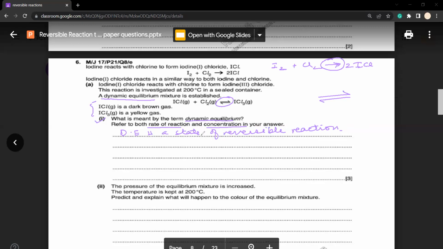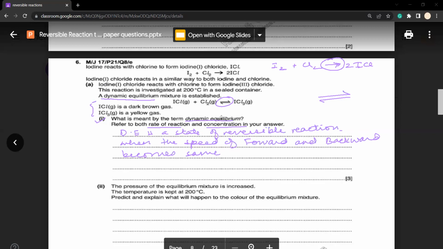So dynamic equilibrium is a state of a reversible reaction when the speed of the forward reaction and the speed of the backward reaction become the same.